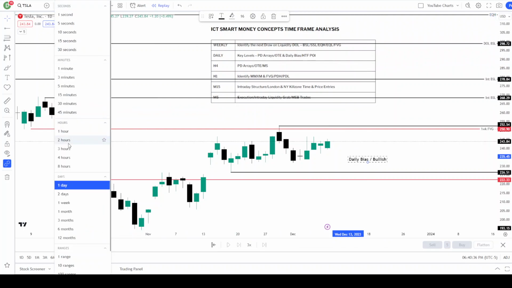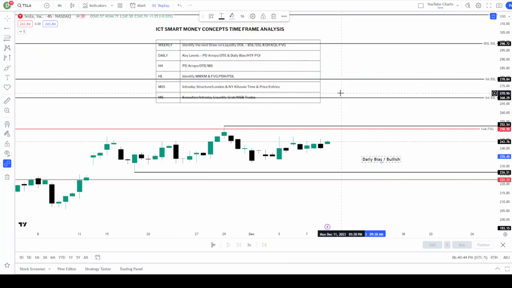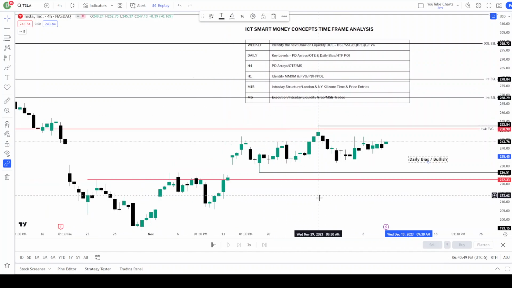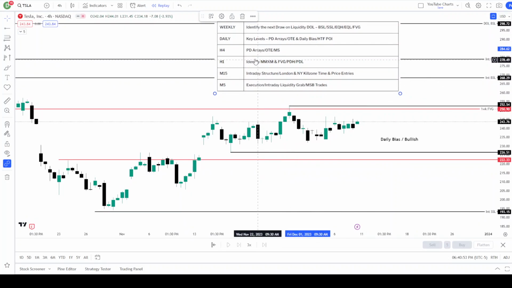So then we'll move to the 4-hour time frame. On the 4-hour time frame, what we are looking for is, again, premium discount arrays, optimal trade entry, and then we're looking at market structure, market shifts. And so on this time frame, you can see that we currently have this array right here.